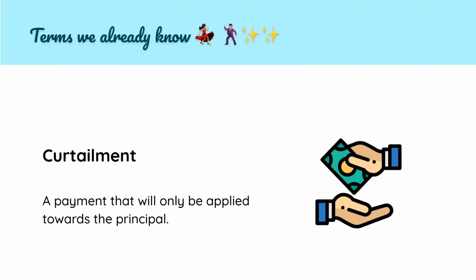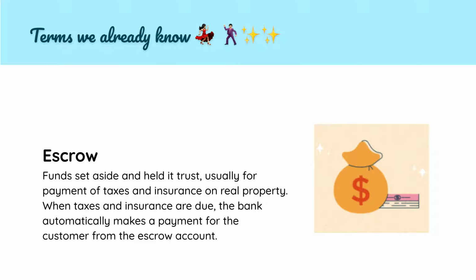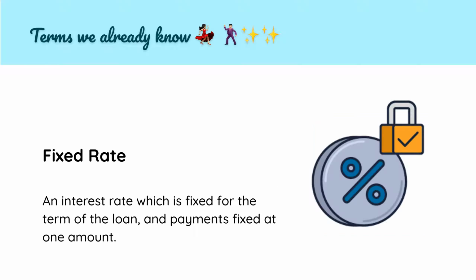Curtailment, which is a payment that will only be applied towards the principal. Escrow, funds set aside and held in trust, usually for payment of taxes and insurance on real property. When taxes and insurance are due, the bank automatically makes a payment for the customer from the escrow account.